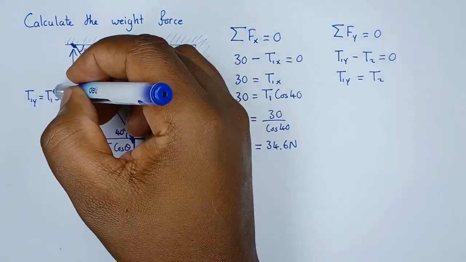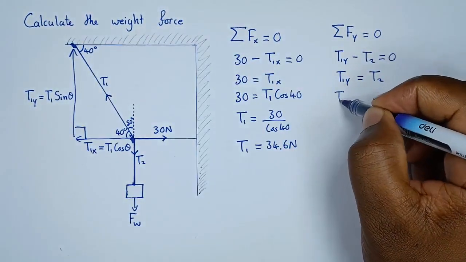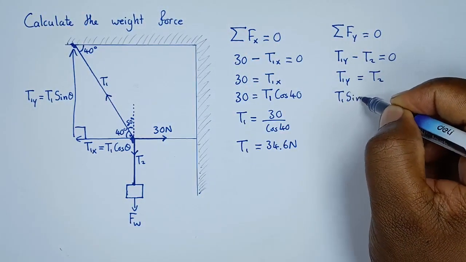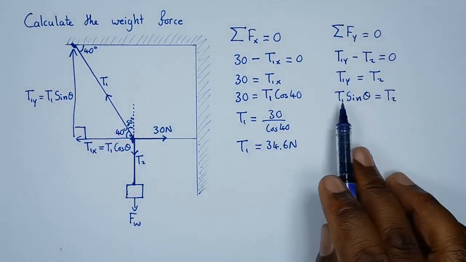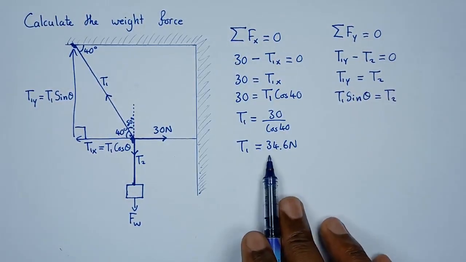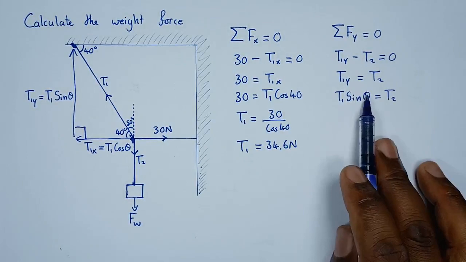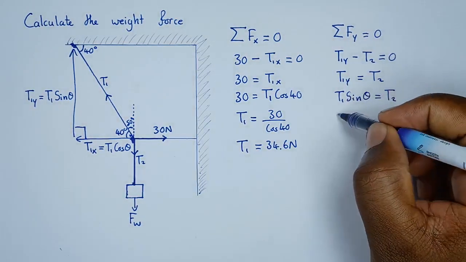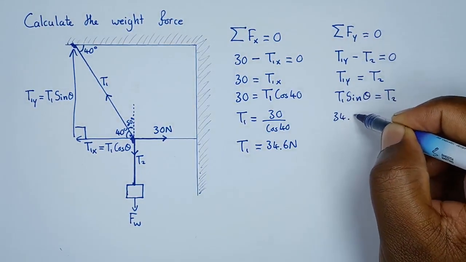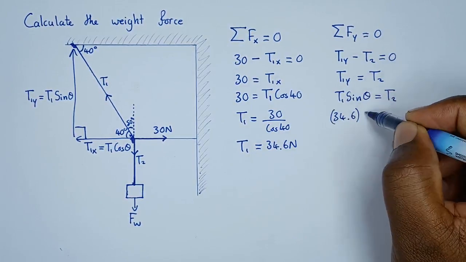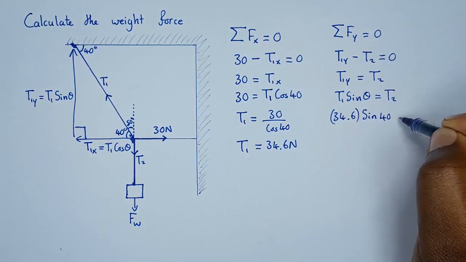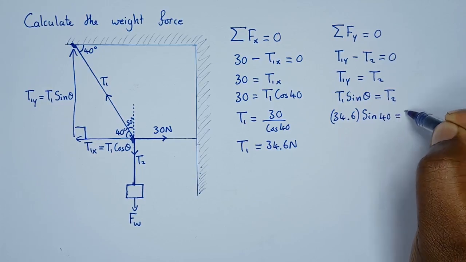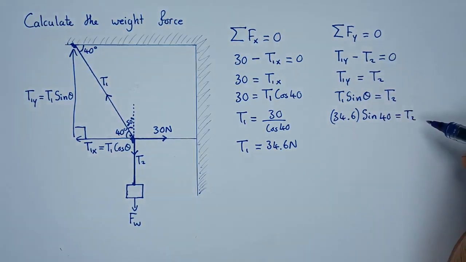So for T1y, we're using T sine. So T1 sine theta is equal to T2. Now we have T1, which is this one here, and we have theta. So where there's T1, we replace it with 34.6. Sine, the angle there is 40. So let's see what we obtain as the value of T2.